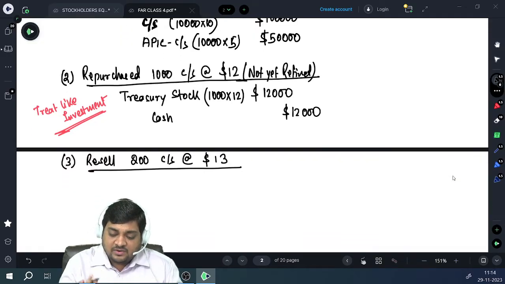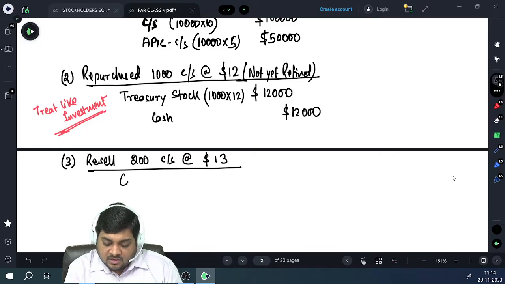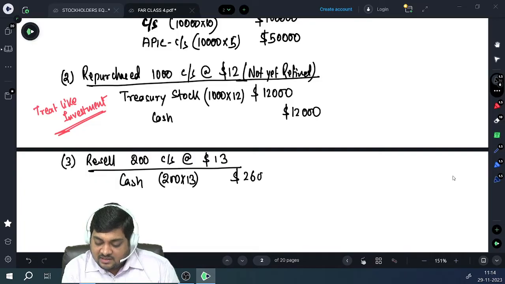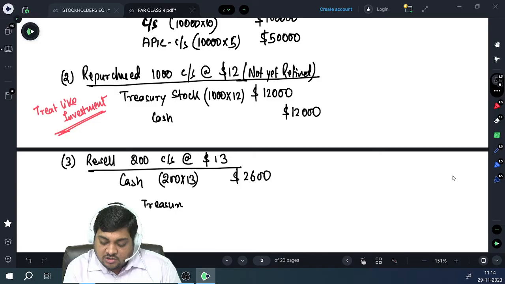So simply sale of investment. First of all, I will get cash, 200 into 13, that comes to 2,600, and this investment will be credited at cost.